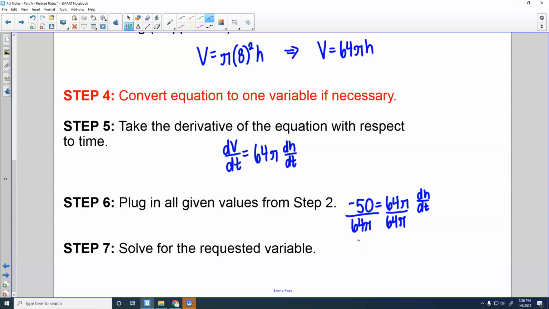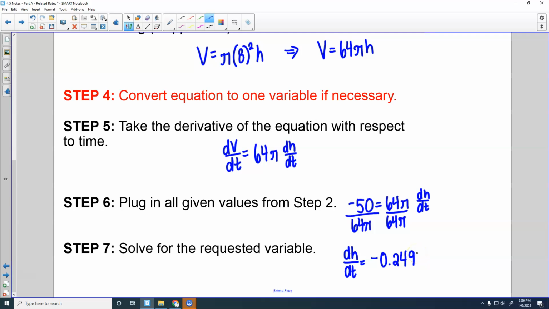And let's use the calculator to get an approximation for that. And I'm getting dh/dt is going to equal negative 0.24. Let's go 249. Round that off a little bit.